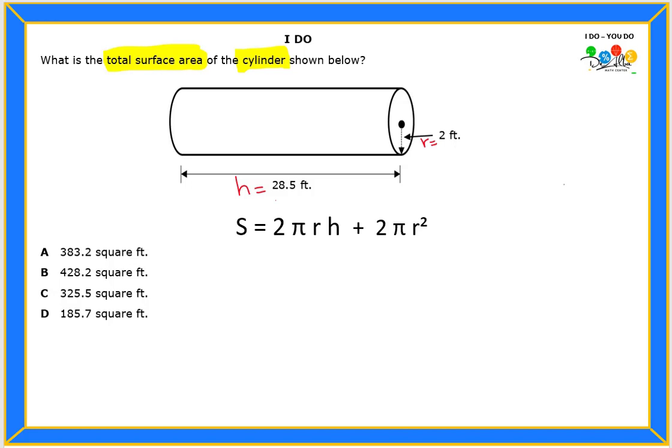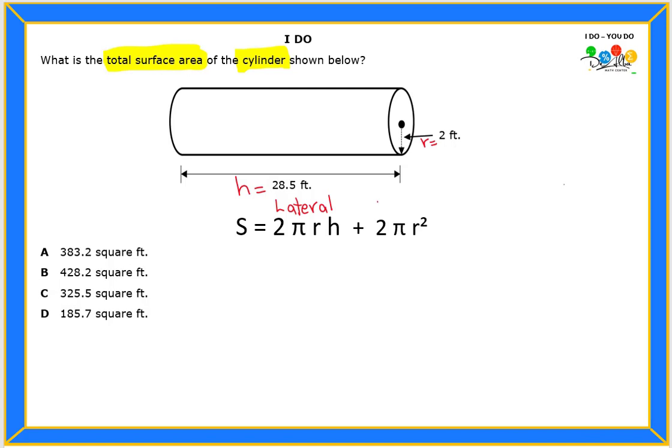So for the first part of the formula, look at your reference material and identify it as the lateral surface area for a cylinder, right? That means the sides. And the second part of the formula, if you ignore the 2 and just look at pi radius squared, that is actually the formula for area of a circle. And the reason why I have a 2 is because there are 2 circles on my cylinder, okay?